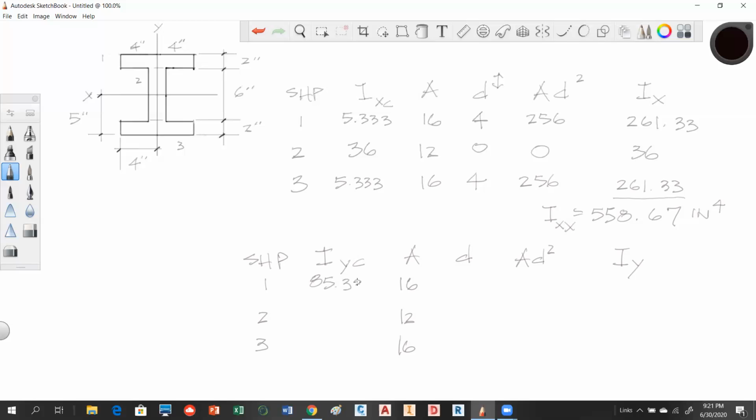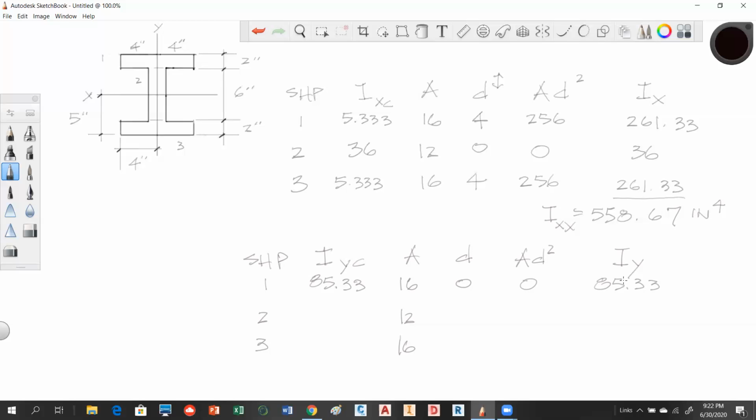So notice it's significantly, depending on which way you're orienting it, it's significantly stiffer. So D now is the distance from the composite centroidal YY axis to the centroidal YY axis of the shape. They're sitting right on top of each other. So this value goes to 0. 0 squared times that goes to 0. So this just becomes 85.33.